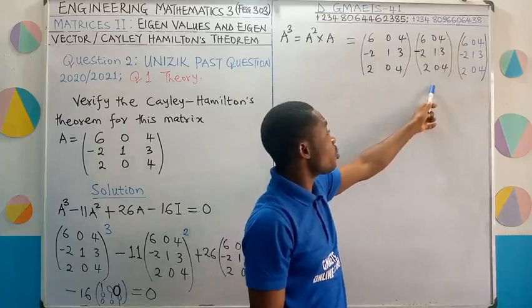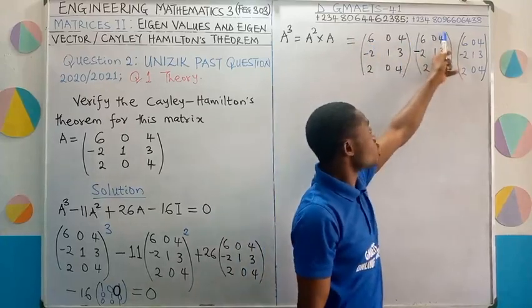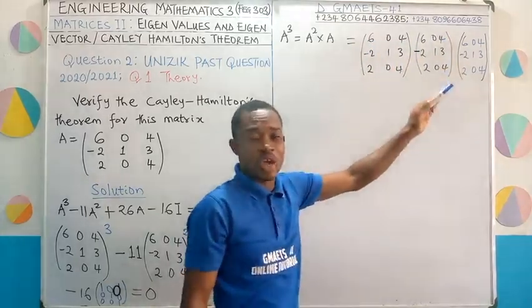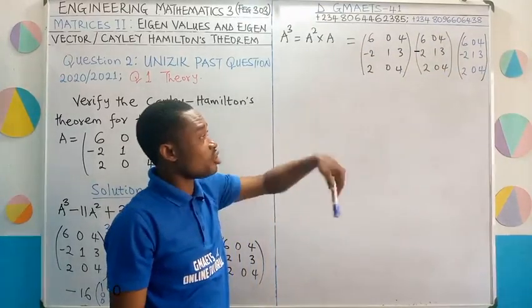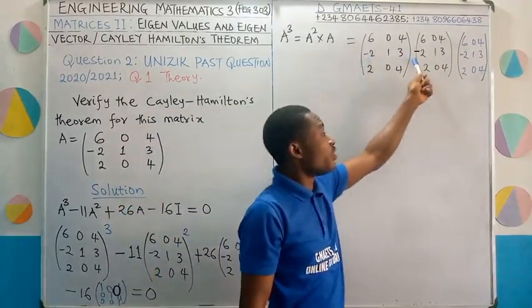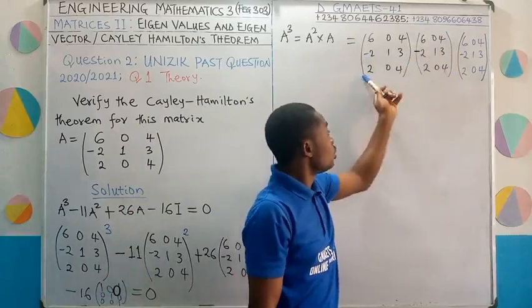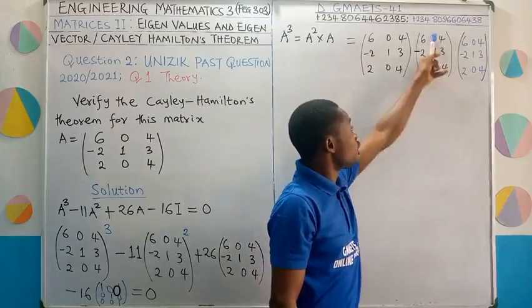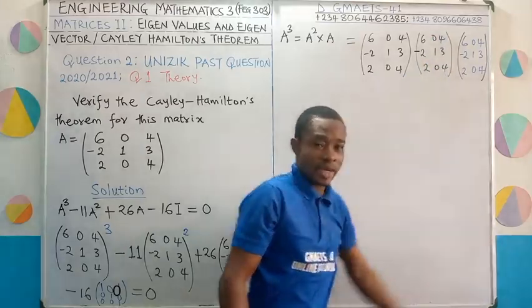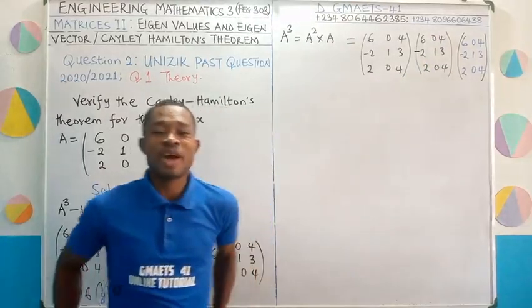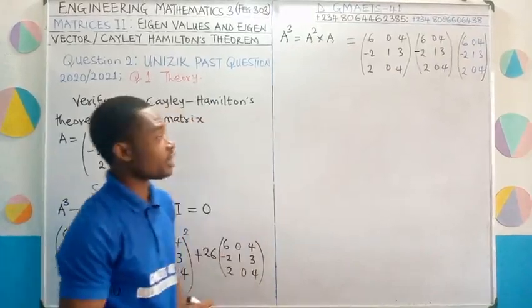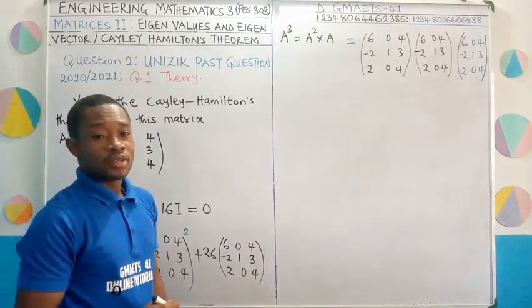Any answer you get will occupy row 1 column 2. Next, row 1 column 3. The answer you give will occupy row 1 column 3 of the new matrix you're trying to obtain. Then you move on to row 2 column 1, row 2 column 2, row 2 column 3, row 3 column 1, row 3 column 2, row 3 column 3. Any answer you get will occupy the respective row and column of the multiplication you did. Alright? So you work on that.